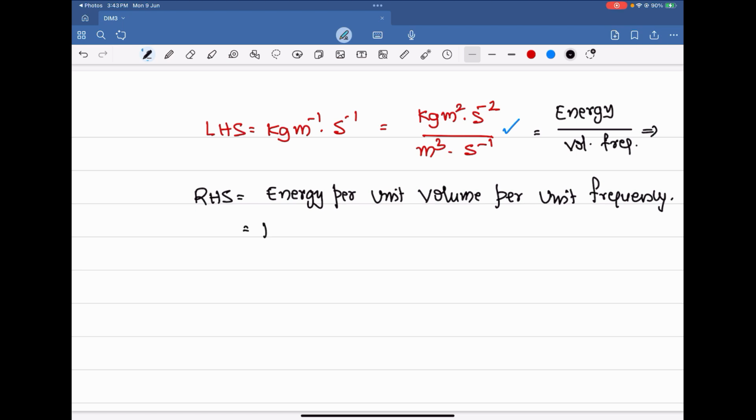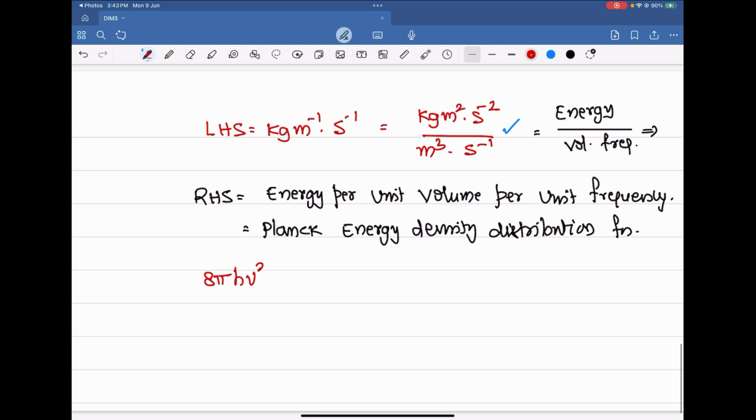This is Planck energy density distribution function. That means we conclude that 8 pi h nu cube. You just see the beauty of dimensional analysis.